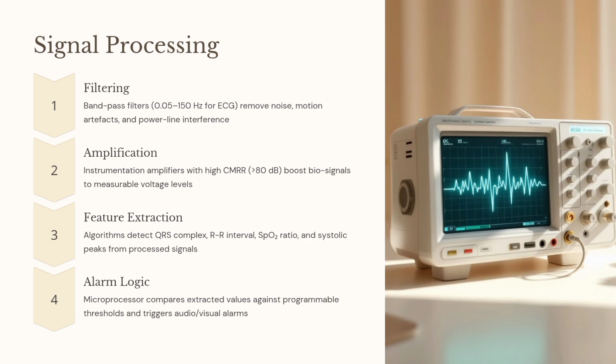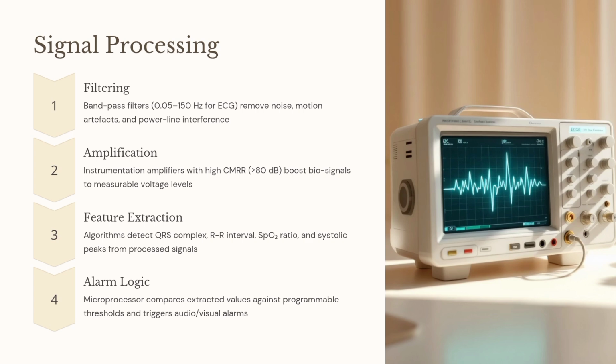Now let's understand the signal processing in a multiparameter patient monitor. First is filtering. The signal from the body contains noise, so filters are used to remove these unwanted signals and keep only useful information. Next is amplification. Since biosignals are very small, amplifiers increase their strength to measurable levels.